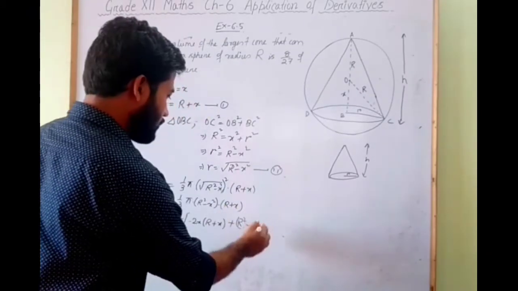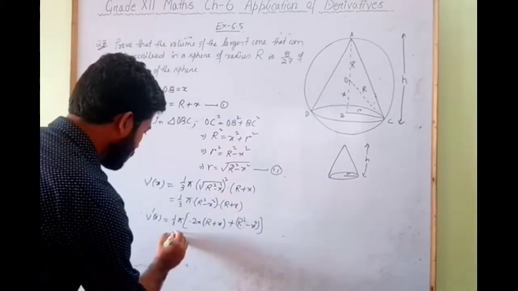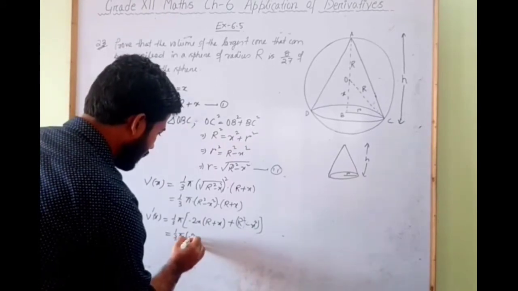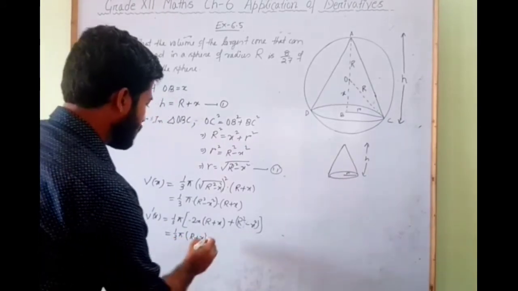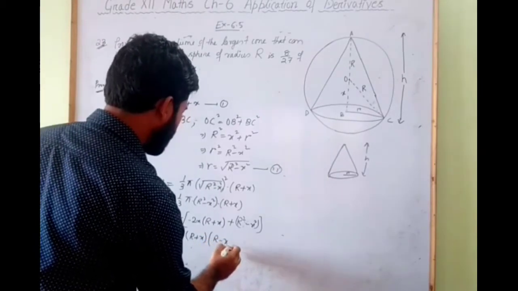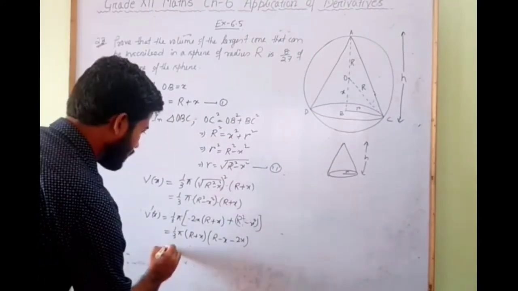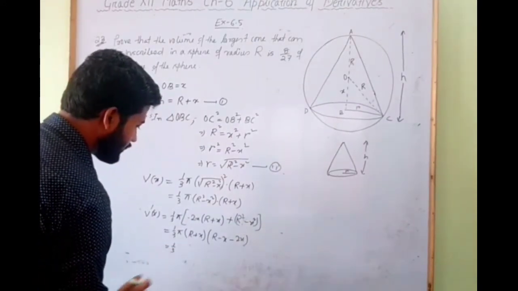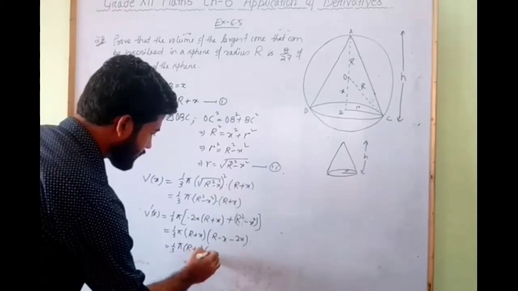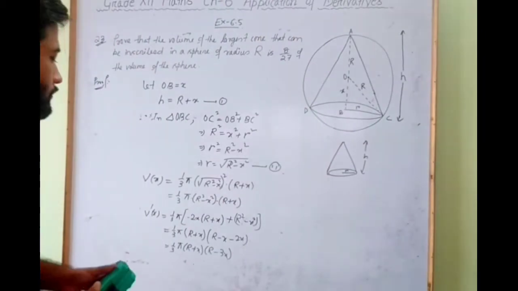The derivative of the constant part will be 1, so up to this. Now this will be equal to 1 by 3 pi. From these two I can take R plus x common, so I will be remaining with R minus x minus twice x. This will give us 1 by 3 pi into R plus x into R minus thrice x.